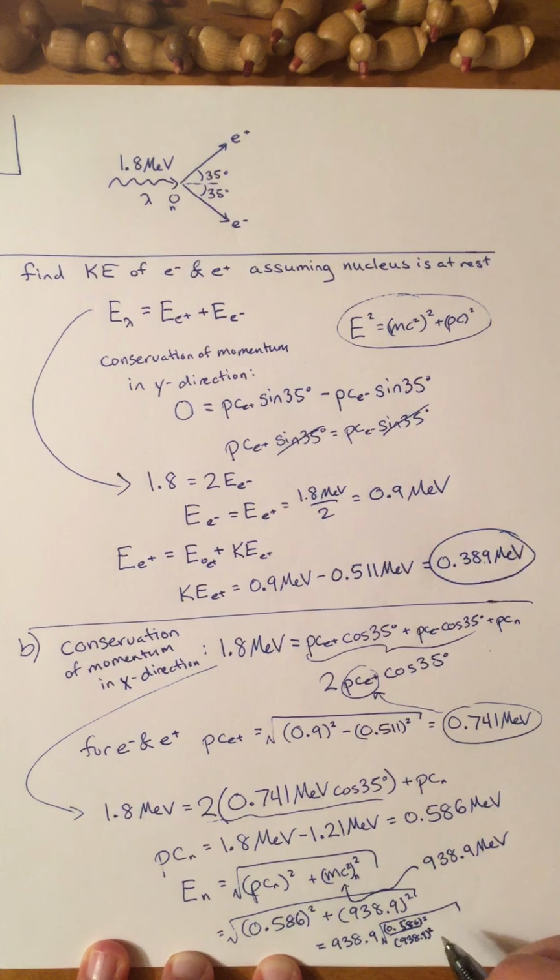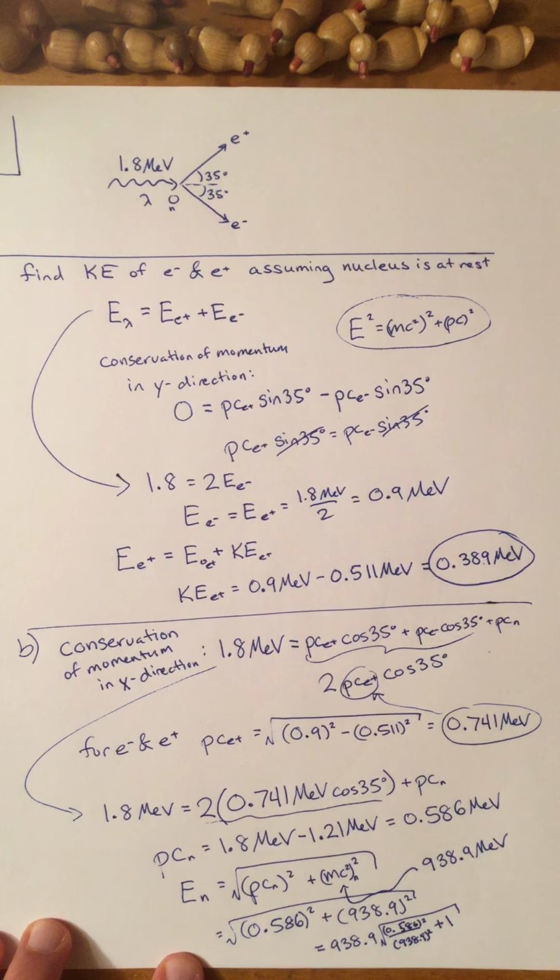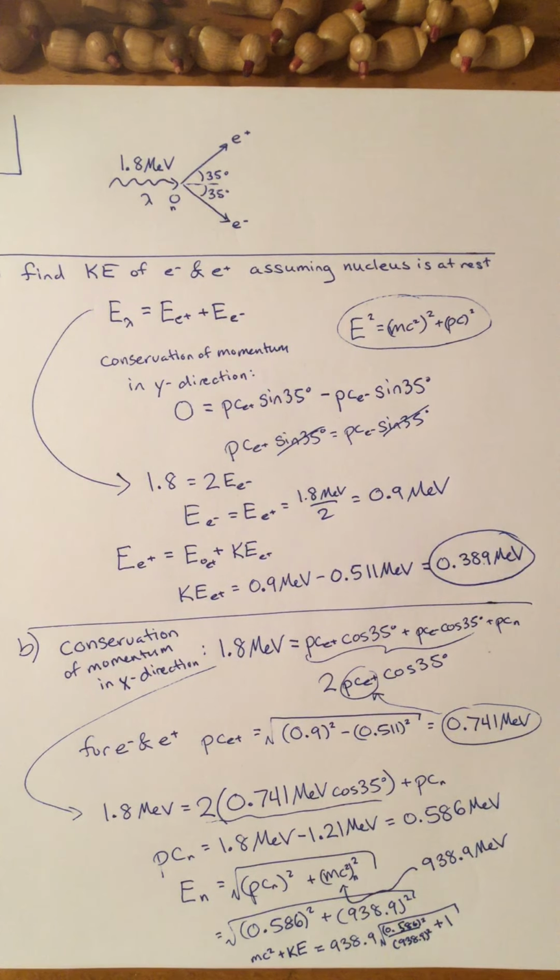So this is the same trick that we did 2 problems ago. So we're pulling this out, and then I can say total energy is equal to rest energy, so this is equal to mc squared plus KE for the nucleus. So what I'm pulling out here is the rest energy.